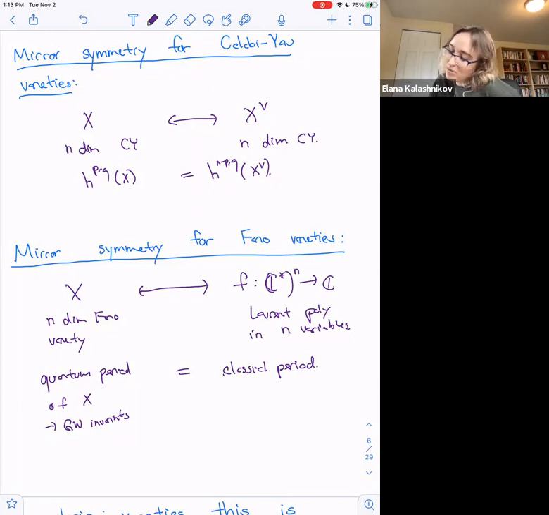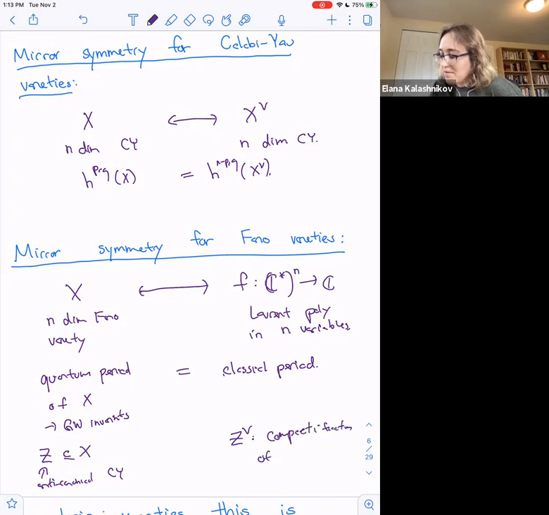But in a more enhanced version, or in addition to this, you might require another thing, which is that if you take an anti-canonical Calabi-Yau inside X, then you would expect that its mirror, or a mirror, is obtained by choosing a compactification of the fibers of the Laurent polynomial.